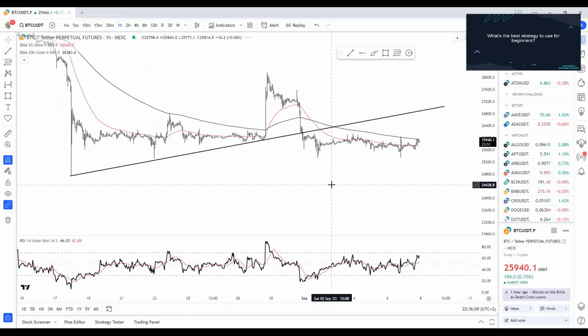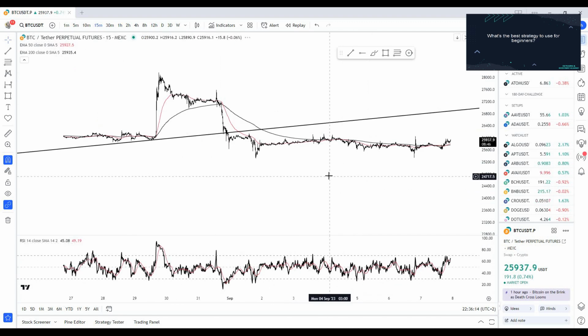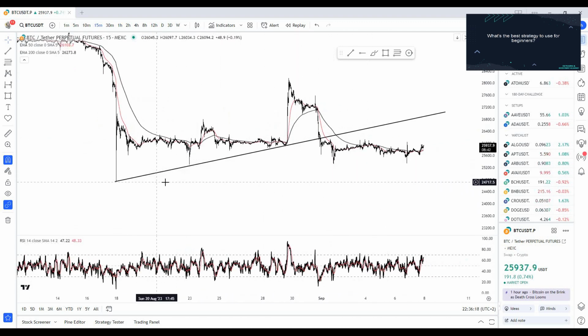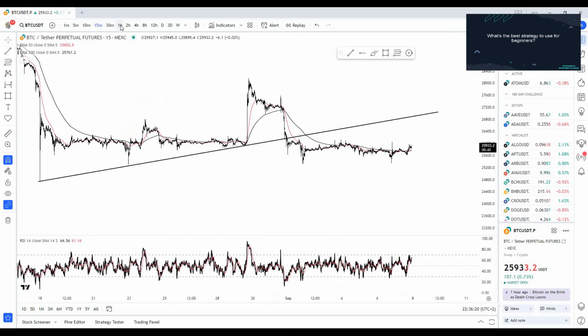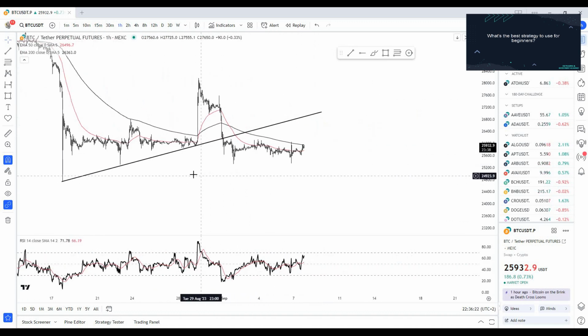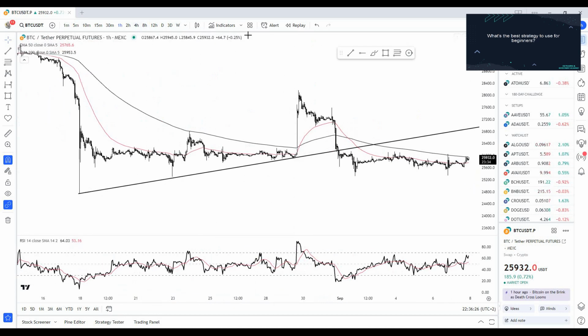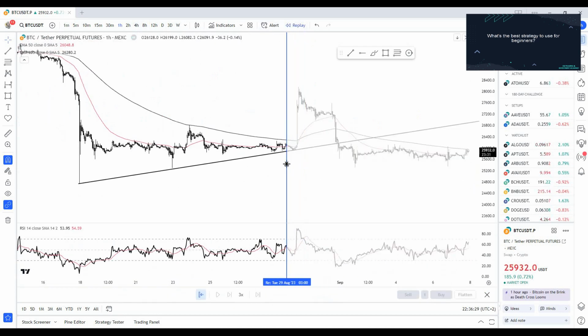You can use this strategy best on the 15 minutes, because it's more like a scalping strategy, but I'll do the 1 hour right now. As you can see here, I replay the chart.